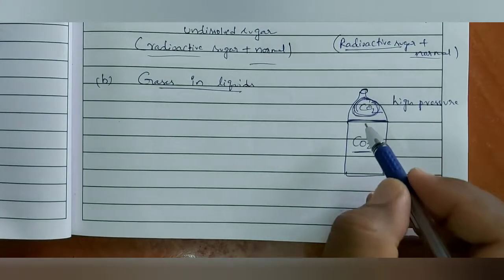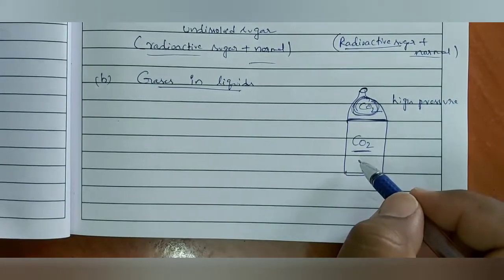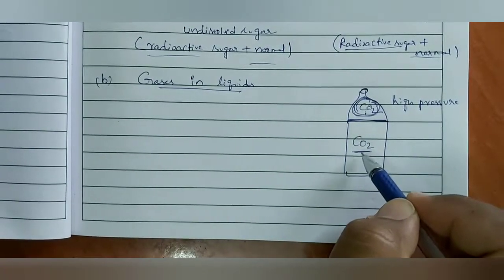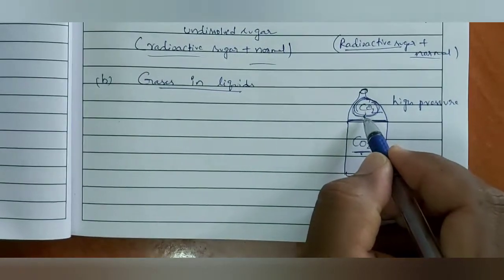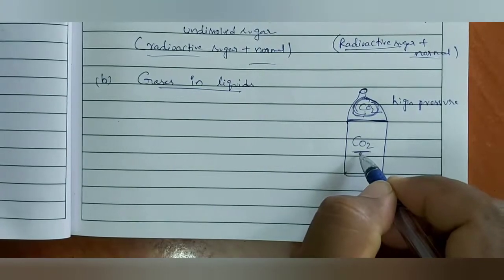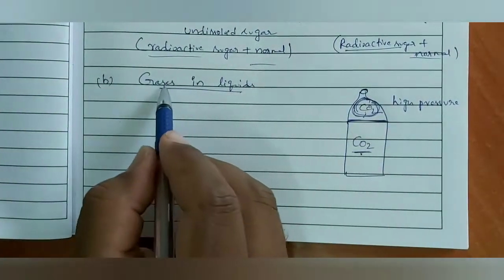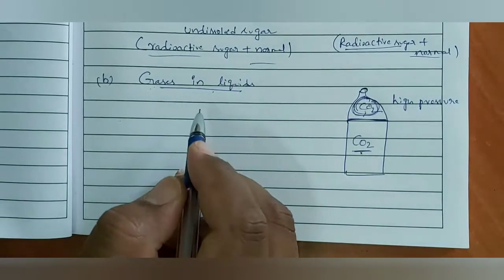Now in this Coca-Cola bottle or Thums Up bottle, whatever it is, undissolved carbon dioxide is in equilibrium with dissolved carbon dioxide in solution. This solution is formed by dissolution of gases in liquids. That's why we kept the heading gases in liquids.